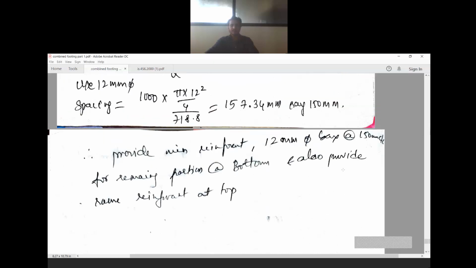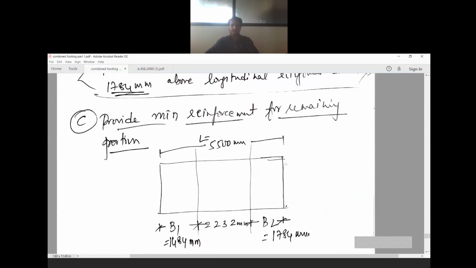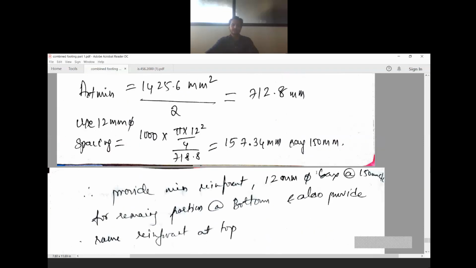This is the transverse reinforcement calculation for the central portion. So portion B1 is done, B2 is done, B3 is done. So the transverse reinforcement calculation is completed. In the next class we shall see how to do the diagrams.